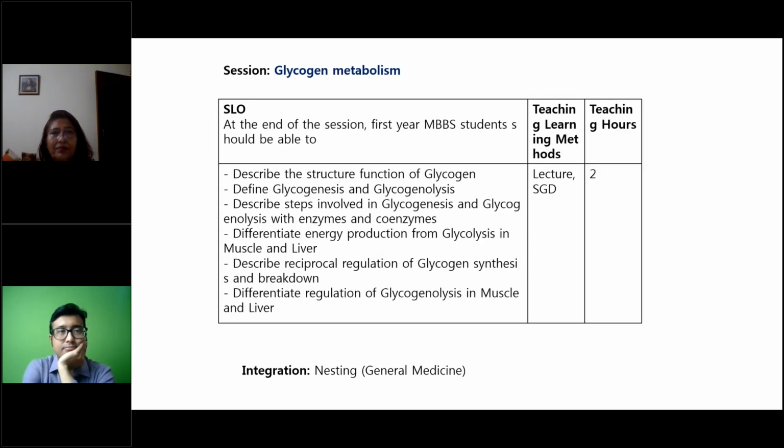These are the learning objectives for the glycogen metabolism session. At the end of the session, first year MBBS students should be able to describe the structure and function of glycogen, then define what is glycogenesis and glycogenolysis, describe the steps involved in glycogenesis and glycogenolysis with the involved enzymes and coenzymes, differentiate energy production from glycolysis in muscle and liver, describe the reciprocal regulation of glycogen synthesis and breakdown, and lastly differentiate regulation of glycogenolysis in muscle and liver.